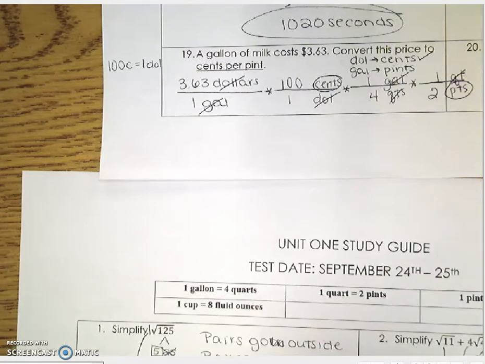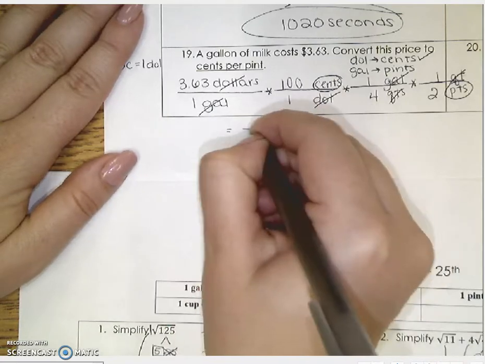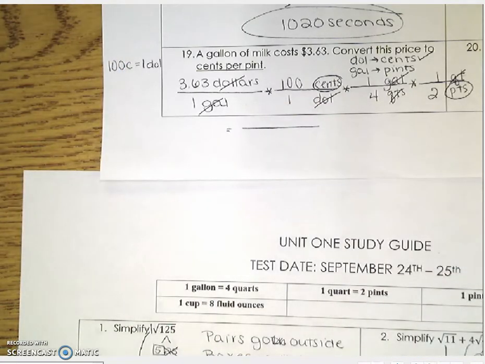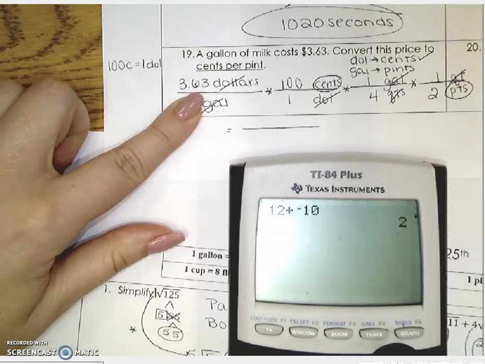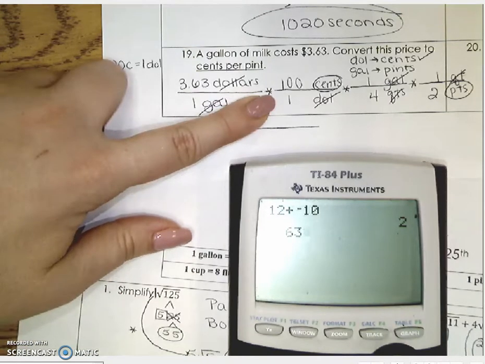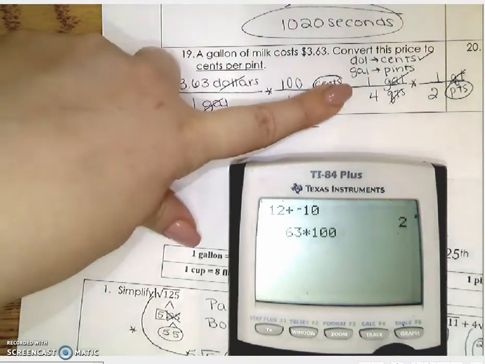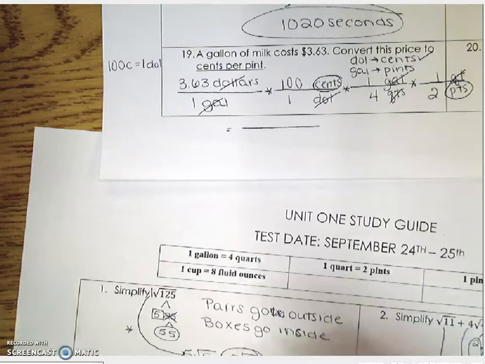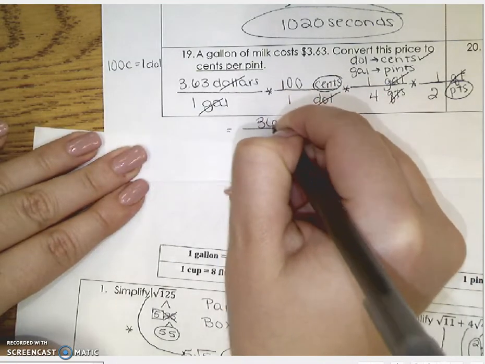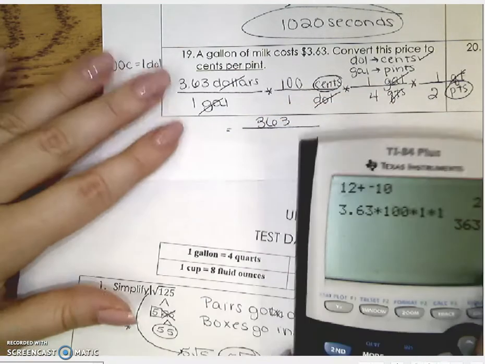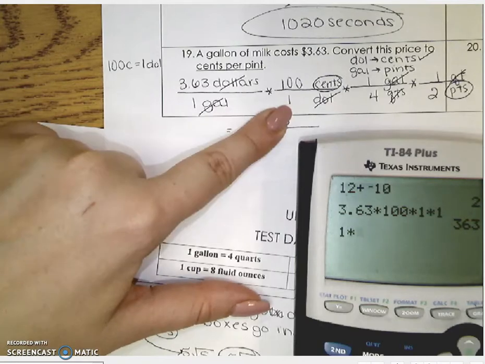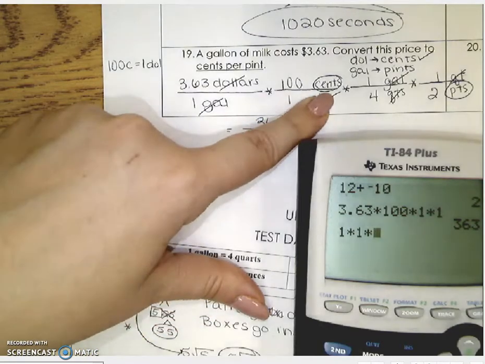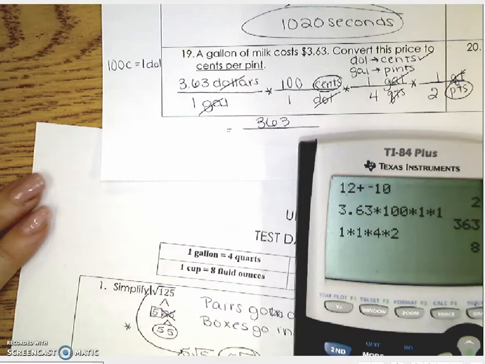Alright, so now I have to multiply across the top and multiply across the bottom. So I'm going to do 3.63 times 100 times 1 times 1, and I get 363. Then multiply across the bottom. 1 times 1 times 4 times 2, I get 8.